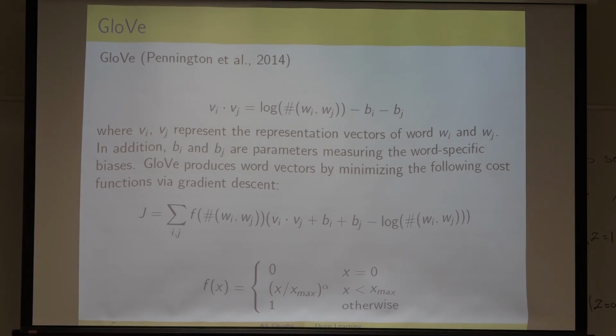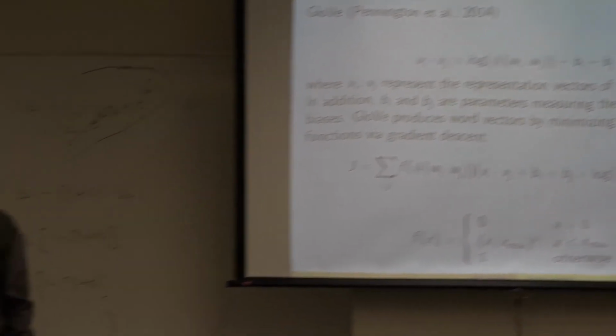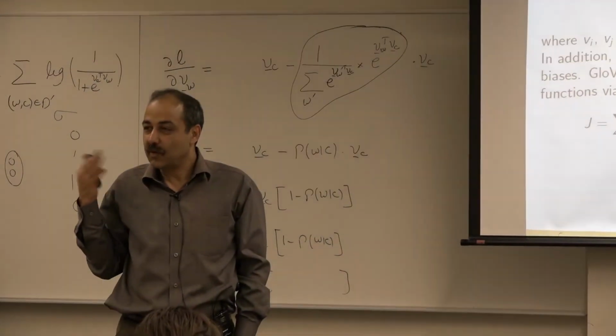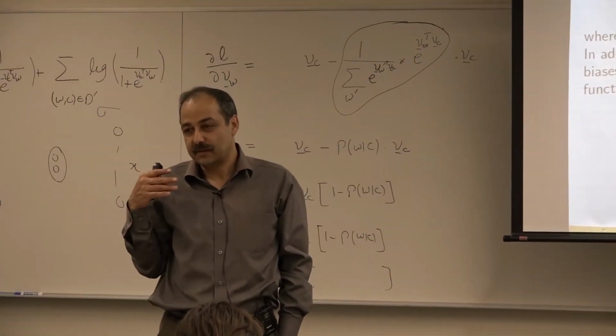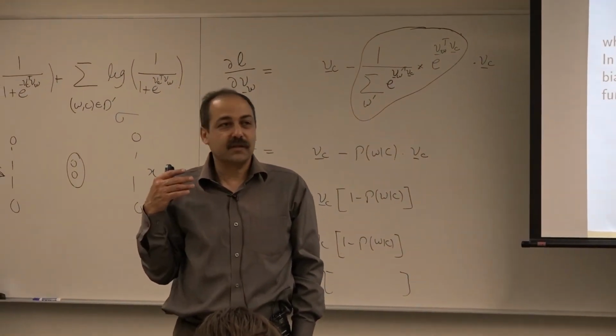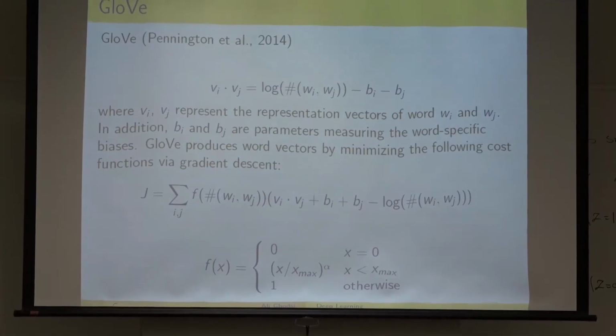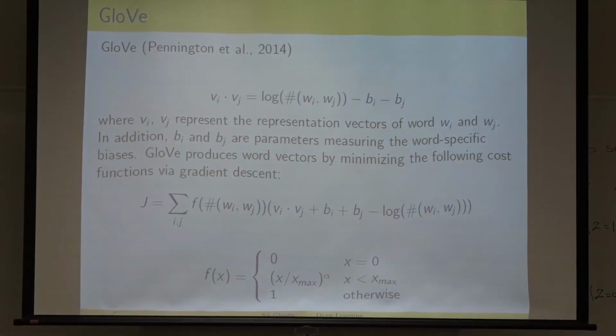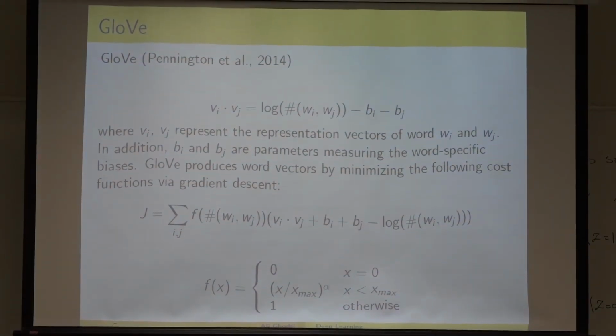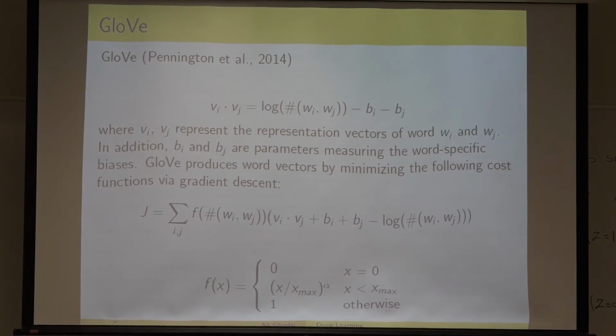GloVe is very simple. Remember this co-occurrence matrix that we had? GloVe is just matrix decomposition on the co-occurrence matrix. In fact, it is matrix decomposition not on the original co-occurrence matrix, but on the log of this co-occurrence matrix.